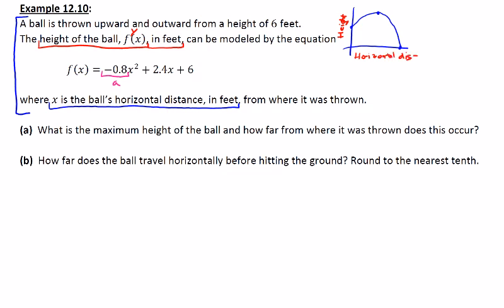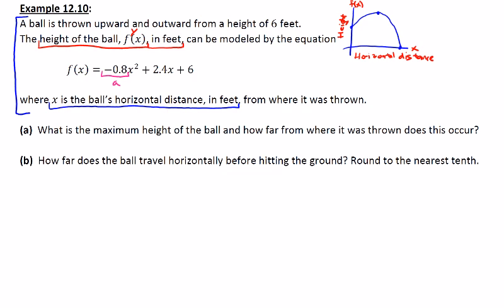And this is x and f of x. So now that we understand what the narrative is describing and what the variables represent in the equation, this would give us a chance to actually be able to do something correct with the equation.